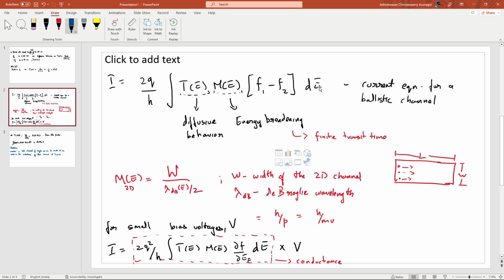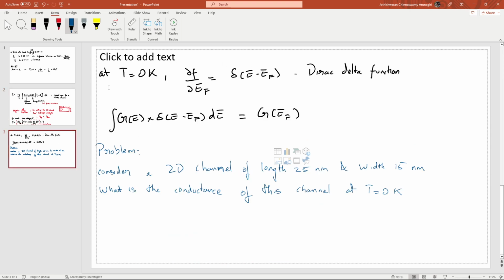The reason is that this thing then becomes a Dirac delta function and you no longer have to perform the integration, because in general performing this integration is not trivial. Whenever you've been asked for the conductance, as you will have seen in your assignment as well, we specify that the temperature is 0 Kelvin, so that you remember this particular point.